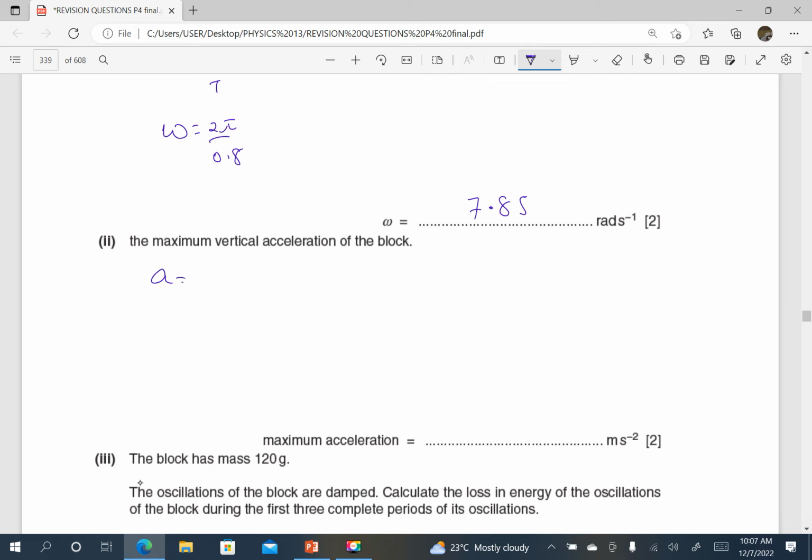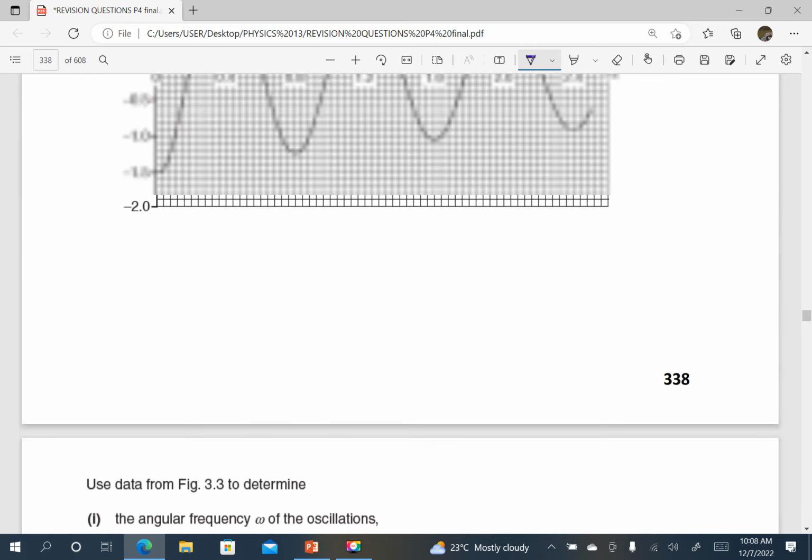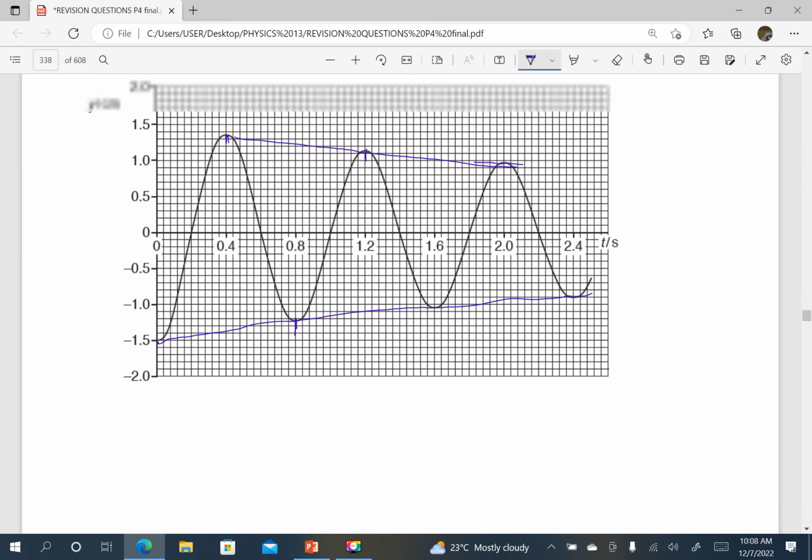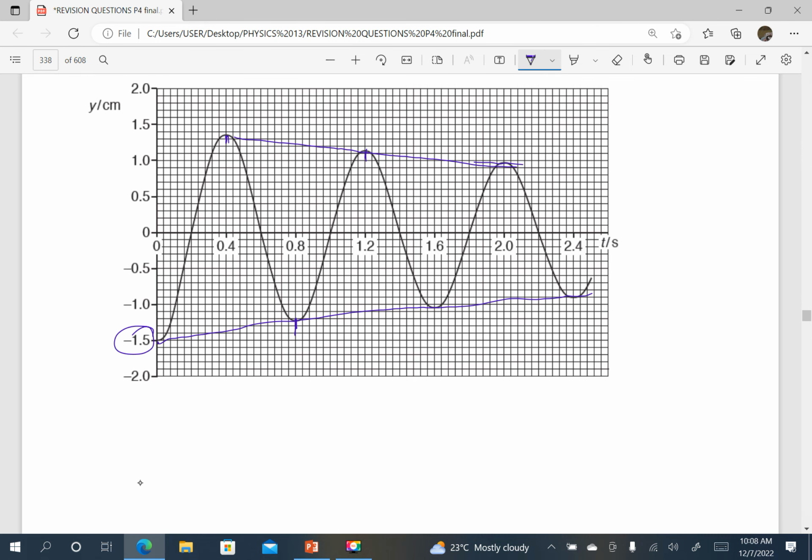Acceleration is equal to negative omega squared x. Acceleration is maximum when displacement is maximum. So the maximum acceleration a naught, I will ignore the minus in calculation, will be 7.85 squared times the maximum displacement. Looking at the graph, you notice that the highest displacement is 1.5, ignoring the negative. We can't take this as the highest; this is the highest we have.